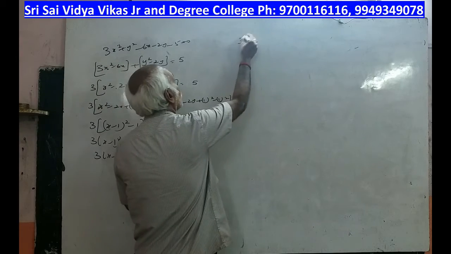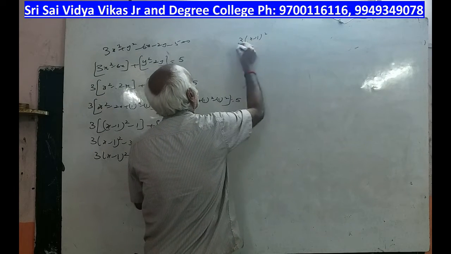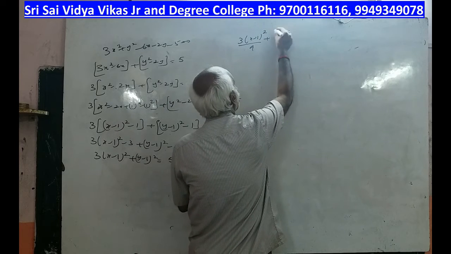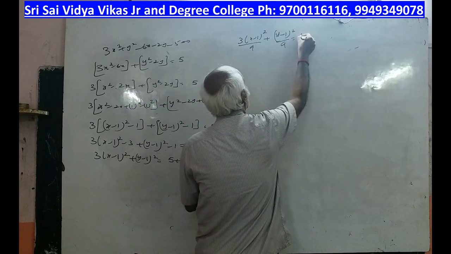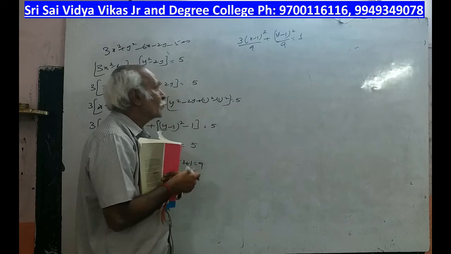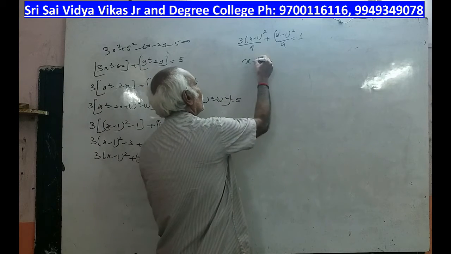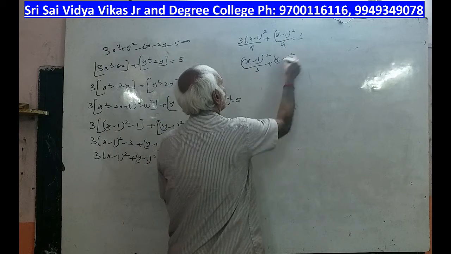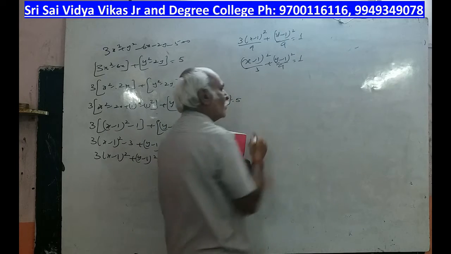So dividing by 9: (x − 1)²/3 + (y − 1)²/9 is equal to 1. Same procedure, sir.